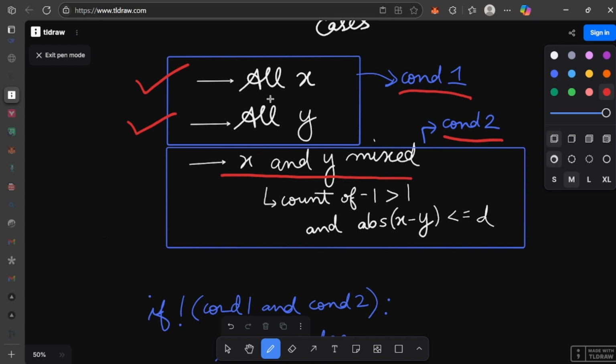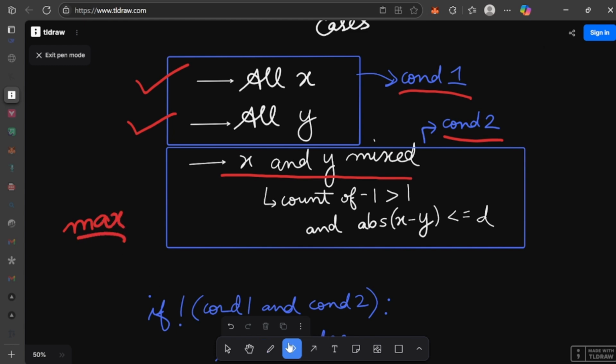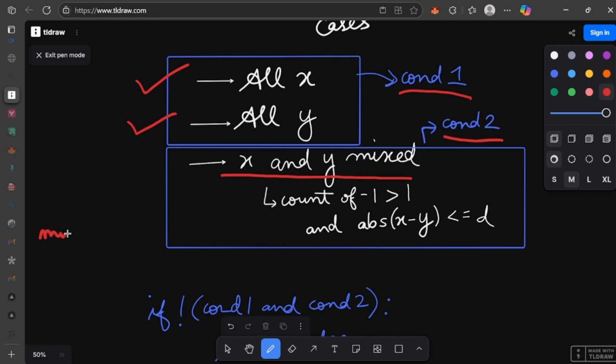Either all would be replaced by x, or all would be replaced by y, and we would take the minimum out of these max differences we get after substituting like this. Minimum of all x, comma, all y.